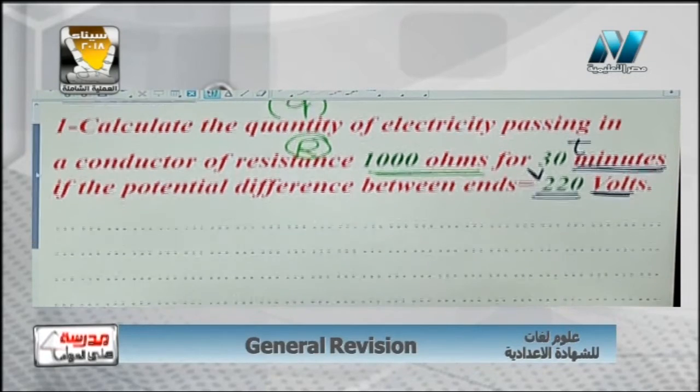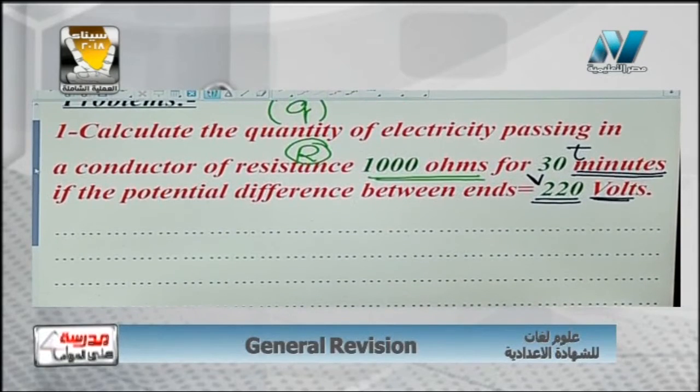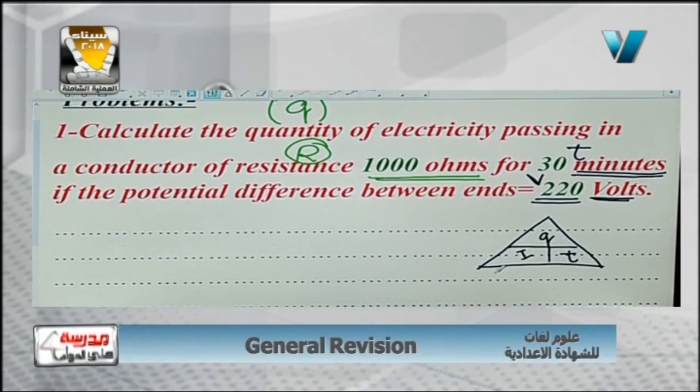So أنا عايز مين؟ ال quantity. And we know quantity we have two rules أو two mathematical rules to calculate the quantity. عندي number 1 أهو I equal Q over T صح؟ We have another rule of quantity as we have V equal W over Q صح؟ Why is the quantity?